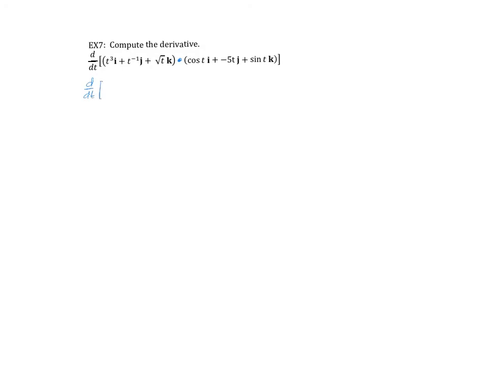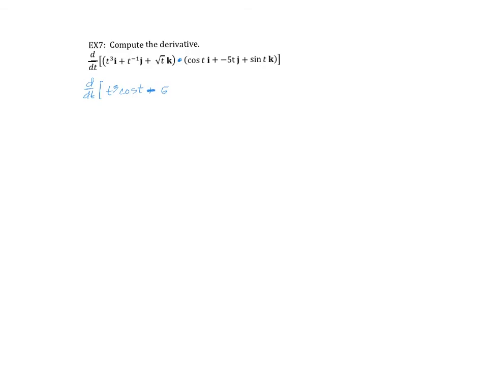Remember, the dot product just says multiply, add, multiply, add, multiply, add. So when I multiply the i components, I get t to the 3rd cosine of t. And now it's no longer a vector, right? So this is t to the 3rd cosine of t plus t to the -1 times -5t would give me a -5. So this turns into a -5.